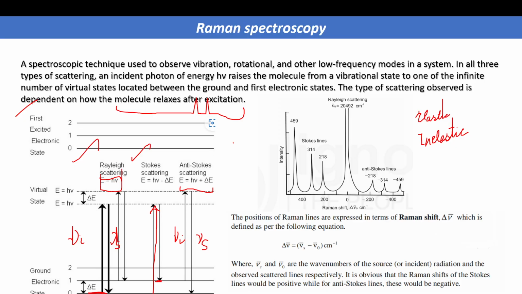Now if you see the right hand side, this is a Raman spectrum of CCl4. The y-axis is the intensity and the x-axis is the Raman shift. The one shown with the higher intensity is the Rayleigh scattering.